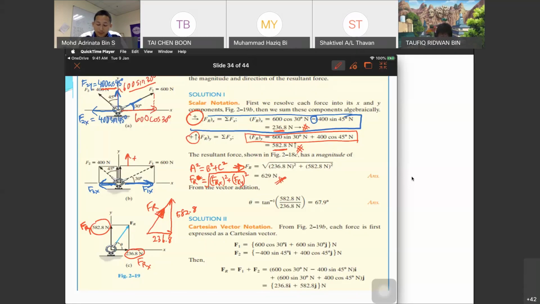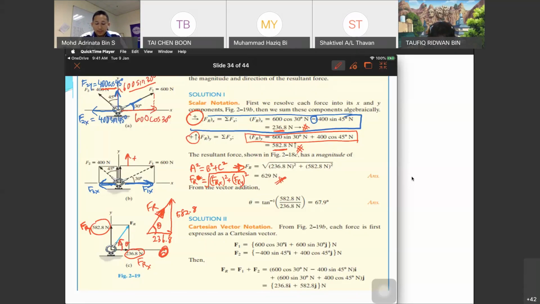And what about your theta? Theta here is this one. You must calculate from the x positive. So this is x positive, and then you must calculate this theta.